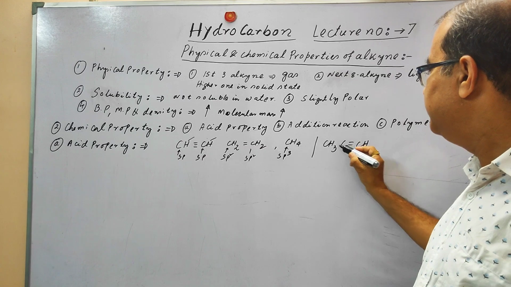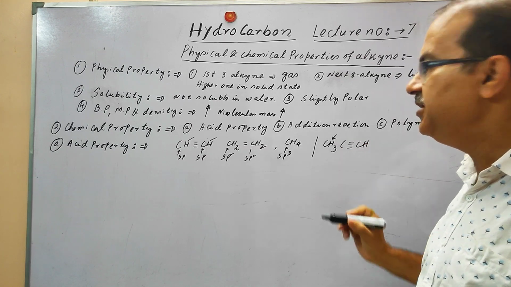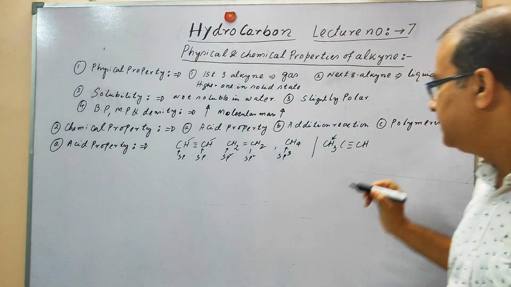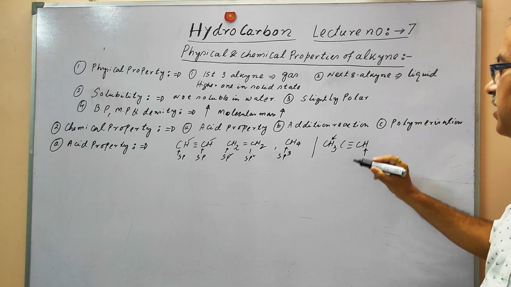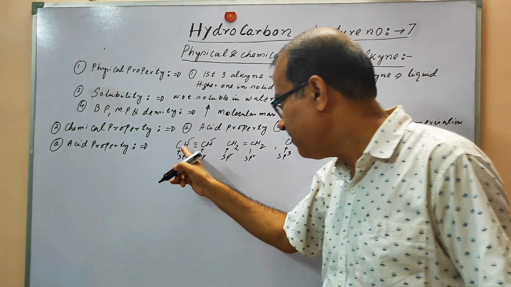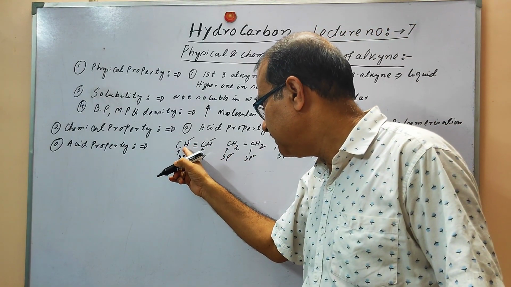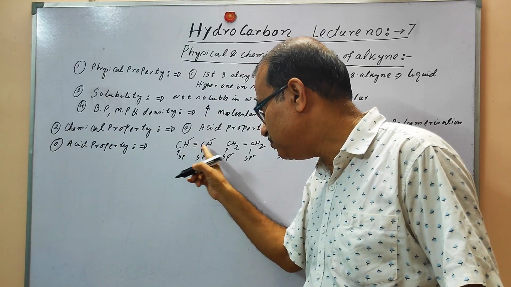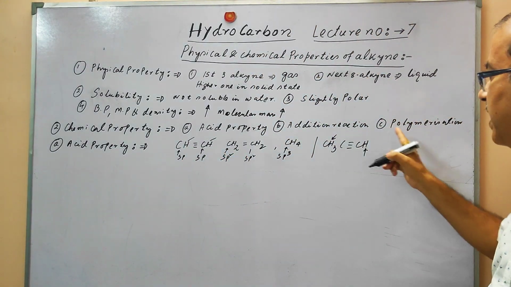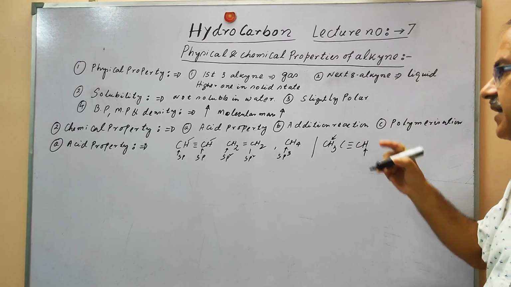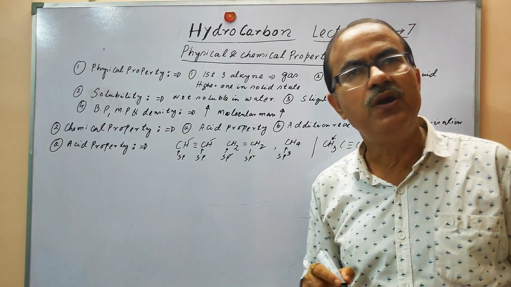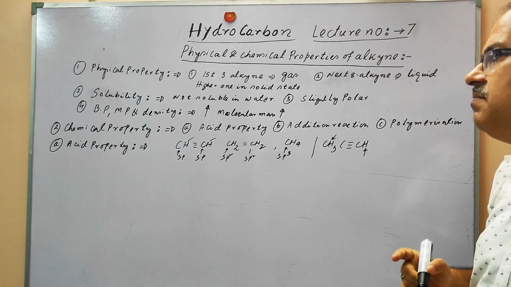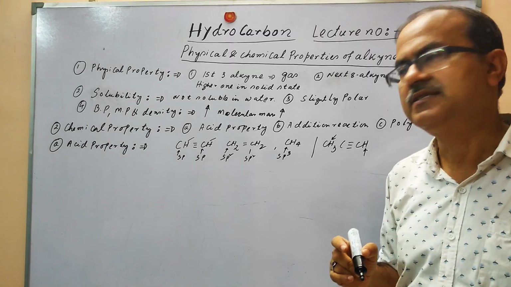Here this hydrogen atom is not acidic, but this hydrogen atom is acidic. In ethyne you will find that there are two hydrogens, both acidic, whereas in propyne only one hydrogen atom is acidic.